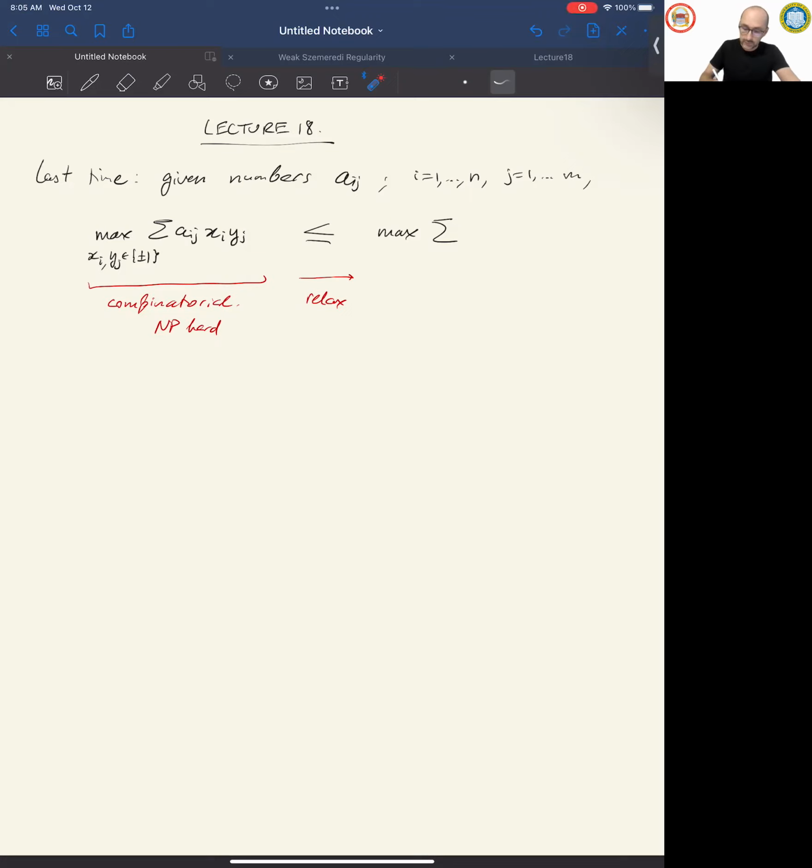So here I'm relaxing this to the sum of a_ij. And instead of just taking the product of numbers, x_i and y_j, I'm taking the inner product, scalar product, u_i v_j. And the maximum is over all vectors in some dimension, let's say in R^d, which are unit vectors. So the norms, the lengths are 1. This can be set up as a semi-definite program.